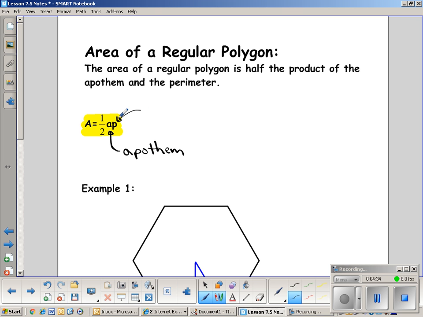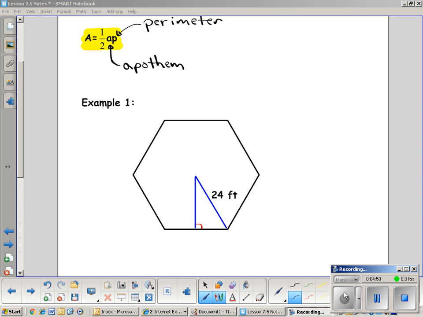P is the perimeter. Does anybody need anything above? Okay. Copy this down, then we'll find the area of this polygon.